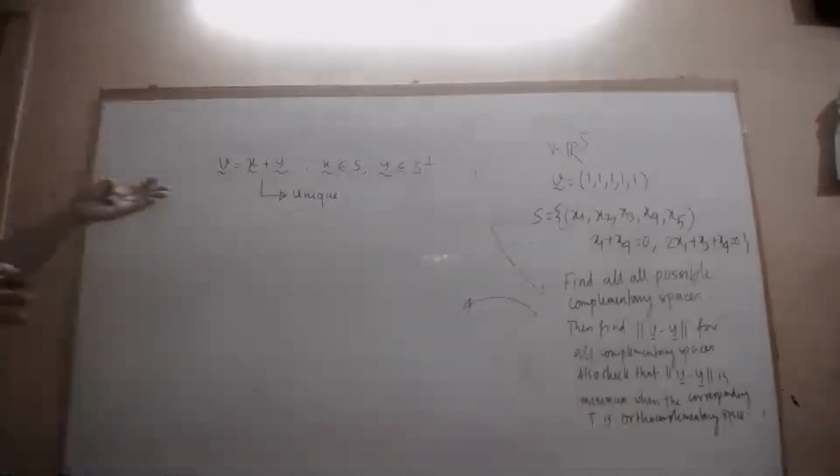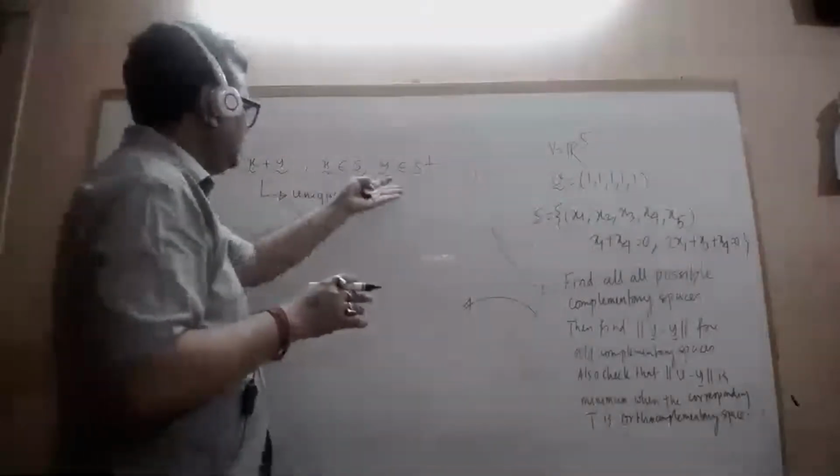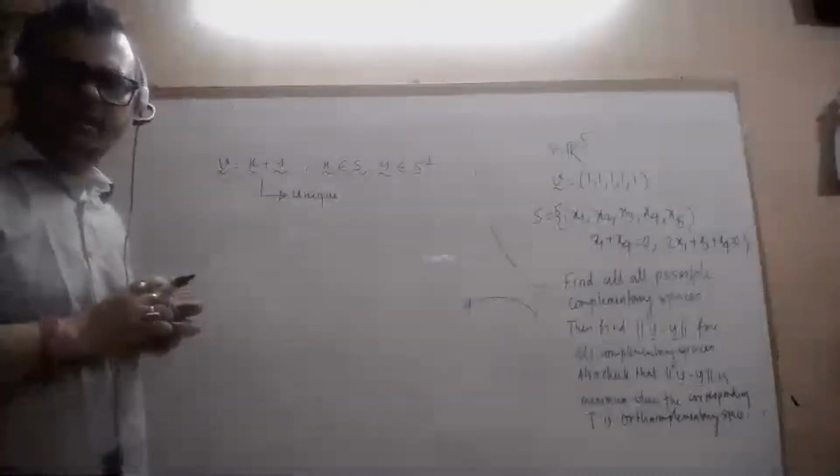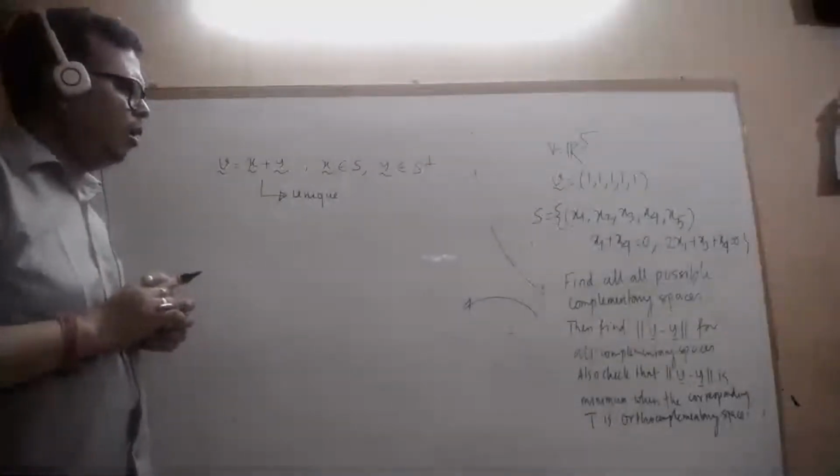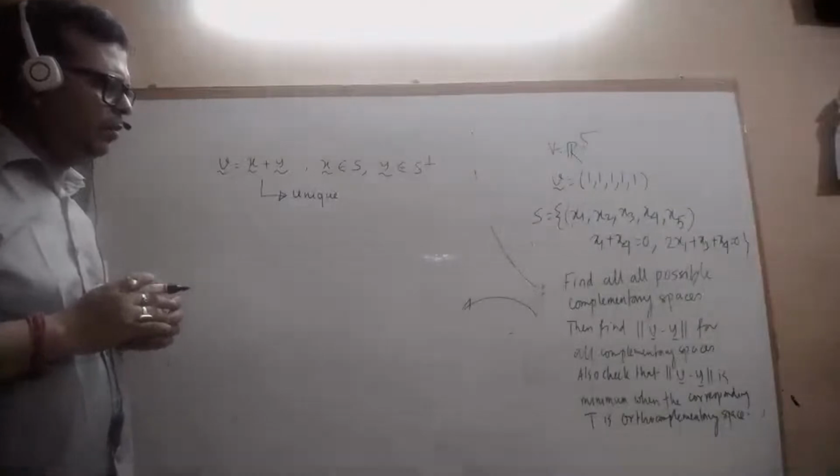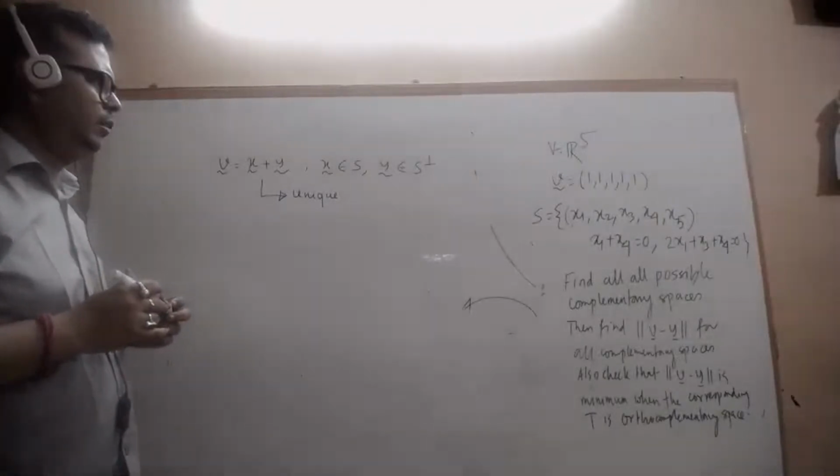It is obvious because it is a direct sum, it should be unique. So orthocomplementary space should be unique.